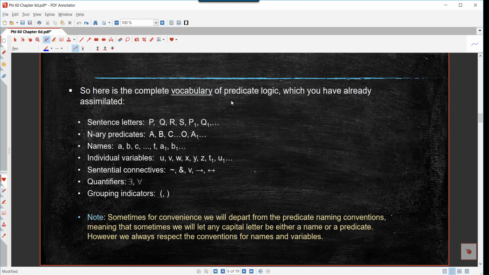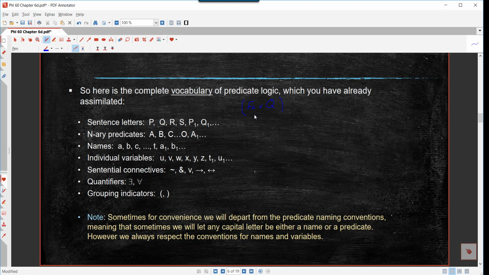Specifically, what that means is that we can mix propositional logic symbols with predicate logic symbols. In other words, a formula like F of a or Q is actually a perfectly good predicate logic formula.